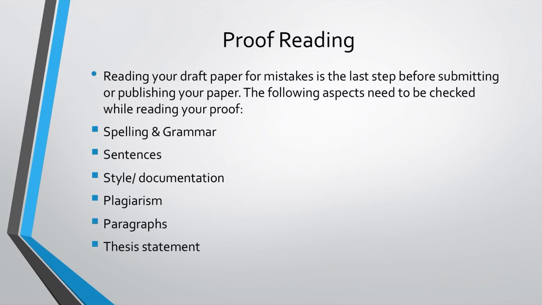Then thesis statement, whether you have given it in the proper order and whether you have stated everything that you have to give in your paper. So check all these things once again while you are going for proofreading: spelling and grammar, sentences, style or documentation, plagiarism, paragraphs, and thesis statement.